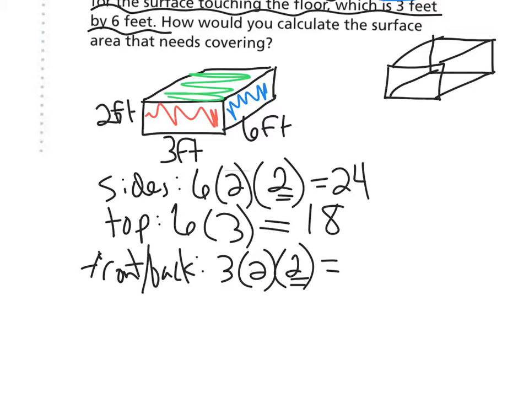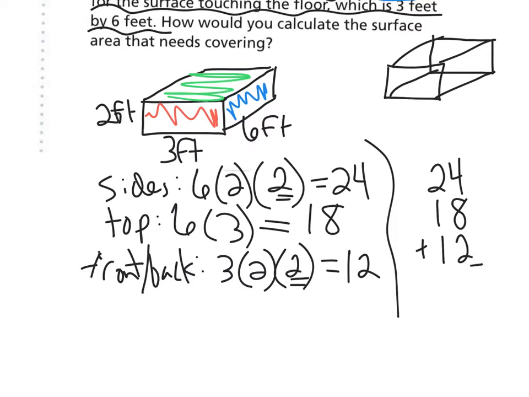Would be 12. Okay. And then I'm just going to make a separate thing here showing adding those together, which would be 54. Good. So 54 square feet would be our surface area.